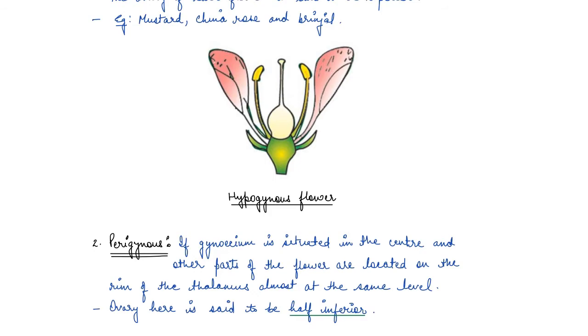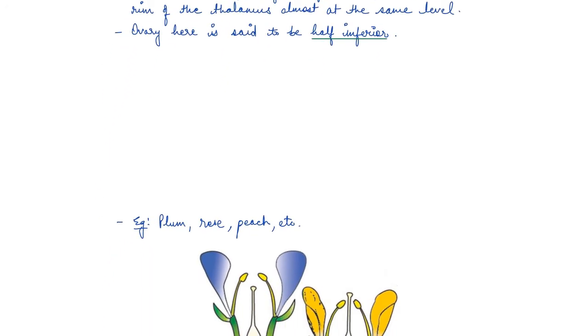Now, the second case is perigynous. So, if the gynoecium is situated in the center and other parts of the flower are located on the rim of the thalamus, and those are almost at the same level, it is perigynous. So, let's see the other diagram once.